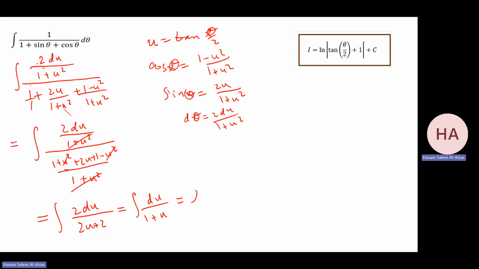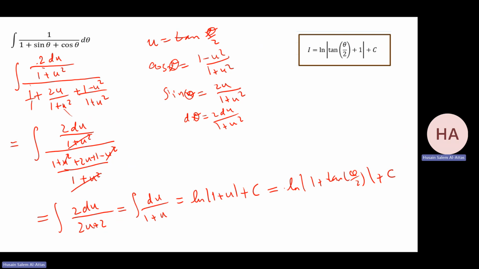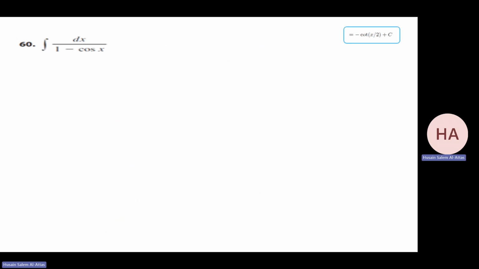And that is ln of 1 plus u plus c. And what is u? It is tan theta over 2. So ln of 1 plus tan theta over 2 plus c. That's it. Done. So this substitution makes everything easier.